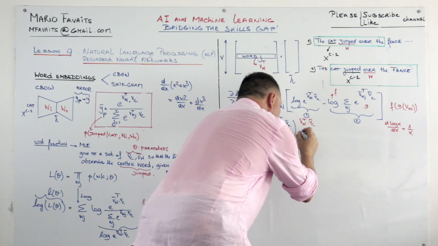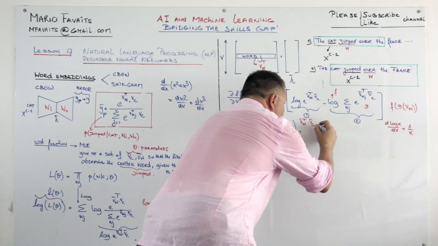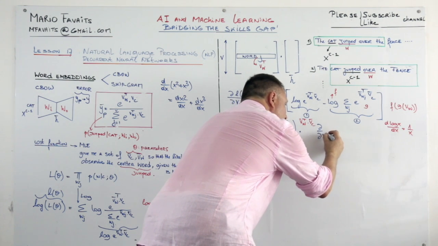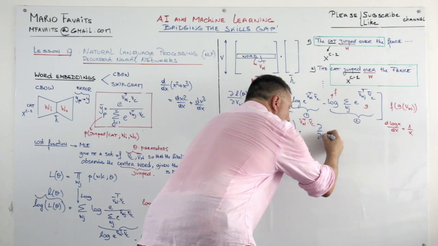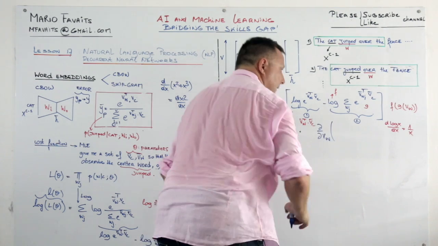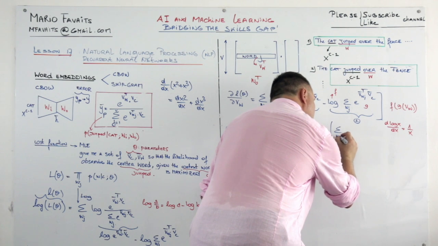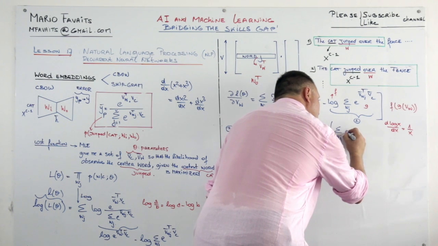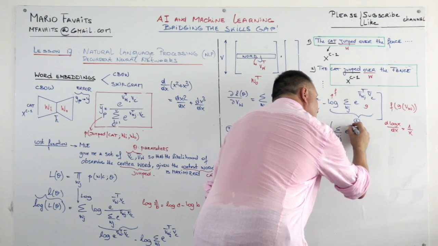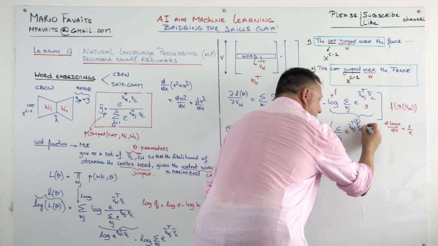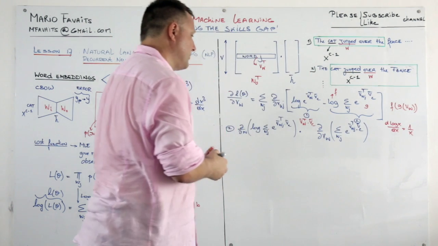Times the derivative with respect to vw of this one, the sum over wj of e to the vwj transpose vc, dot product here.